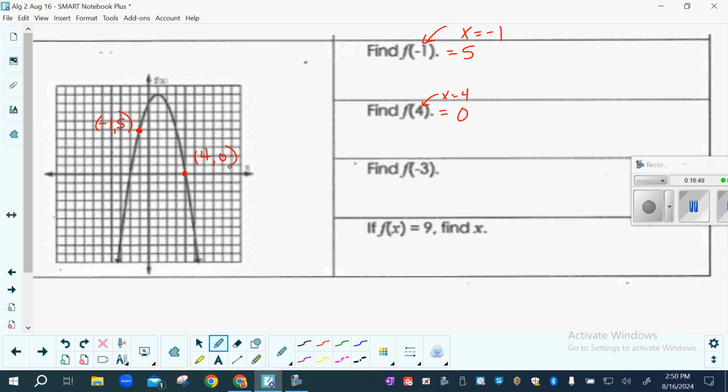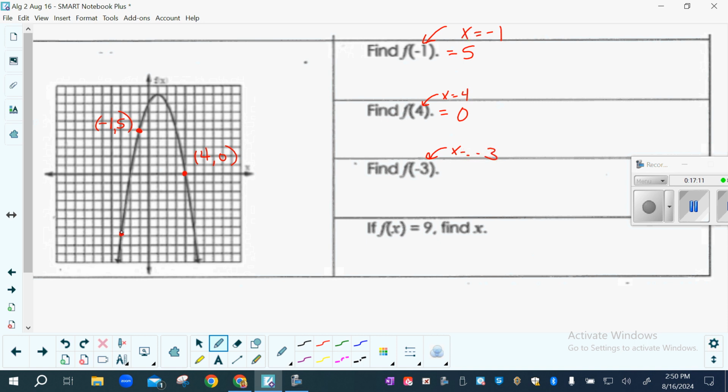So f of negative 3. Now we're going to find negative 3 on the graph right here, and then we're going to go down. Make sure you get to a point that is right at the corner of the box, and that would be this point right here.